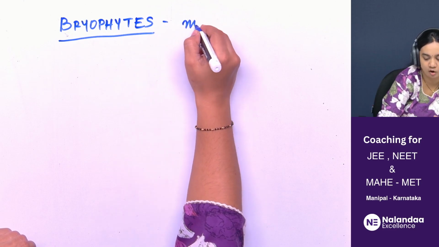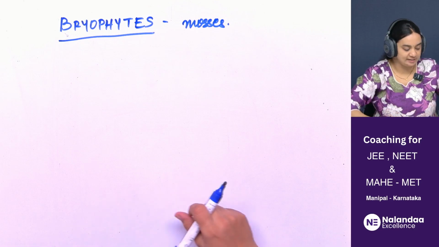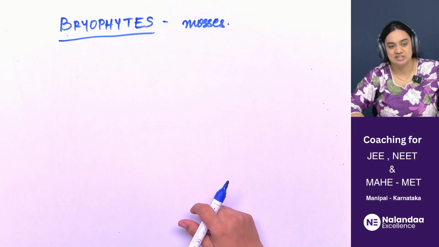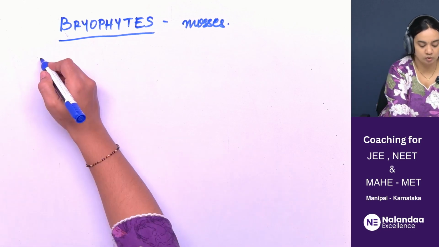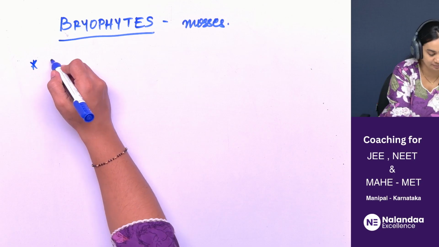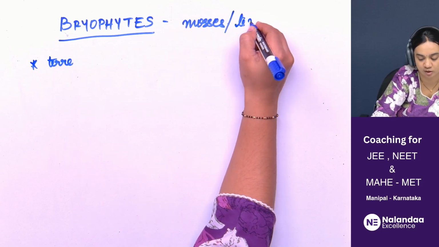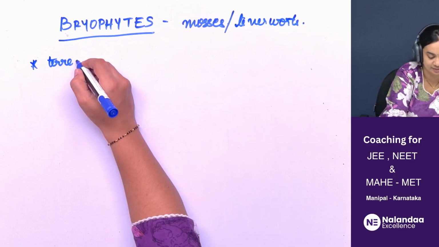Bryophytes, commonly called mosses. Okay, bryophytes are commonly called mosses. Now these mosses generally exist in terrestrial environment. Okay, so mosses are generally terrestrial. Mosses, otherwise called liverworts. Okay, these are common names of bryophytes.